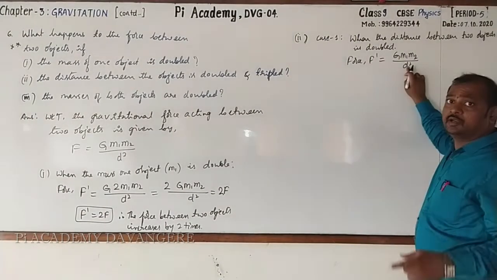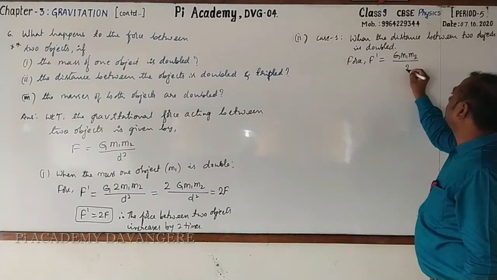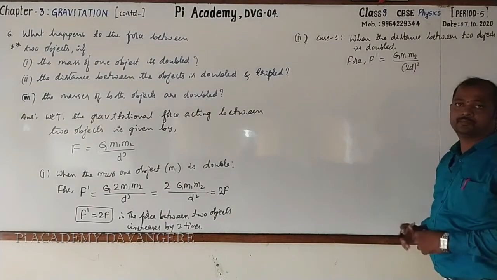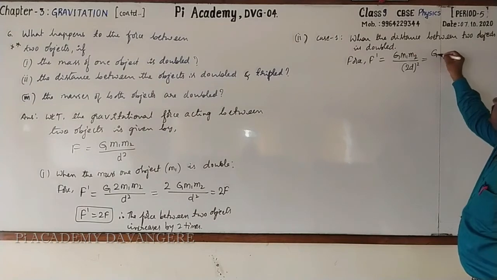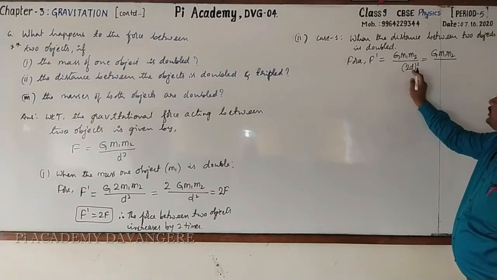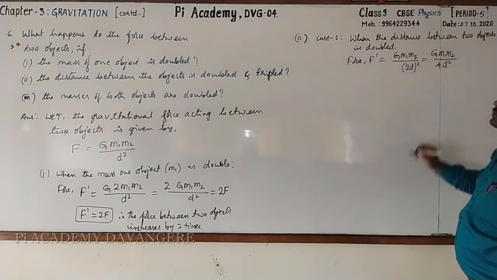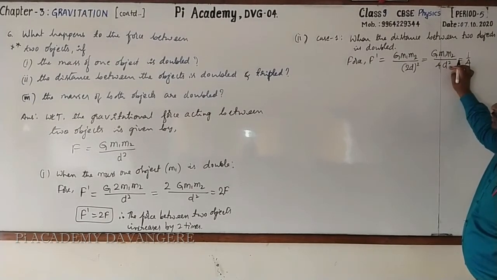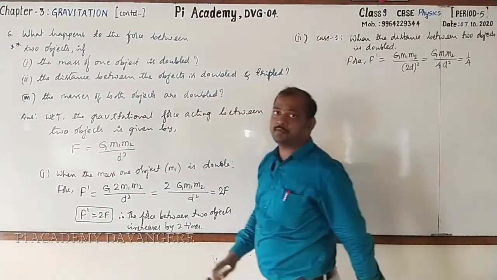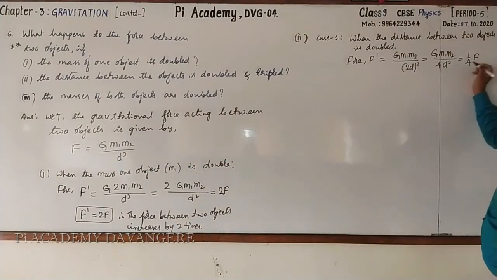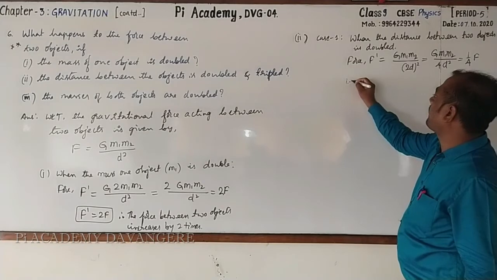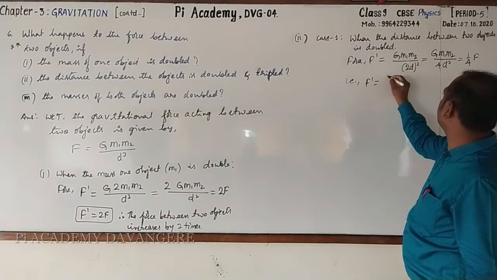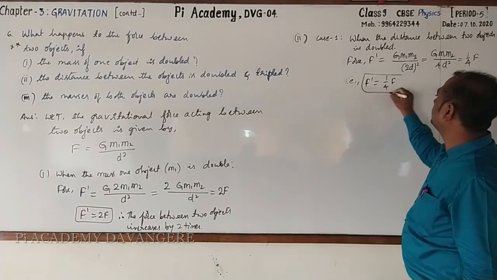D is doubled, so it is 2D whole square, which is equal to G M1 M2 by 4D square. Then this is equal to 1 by 4 into G M1 M2 by D square, which is F. So we can write F dash is equal to 1 by 4 into F.